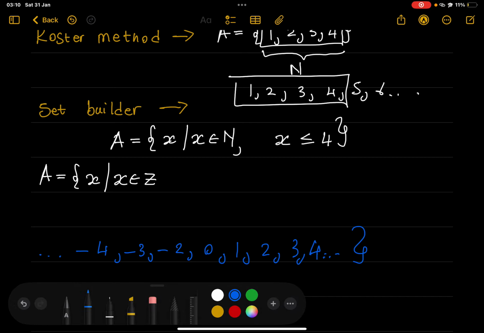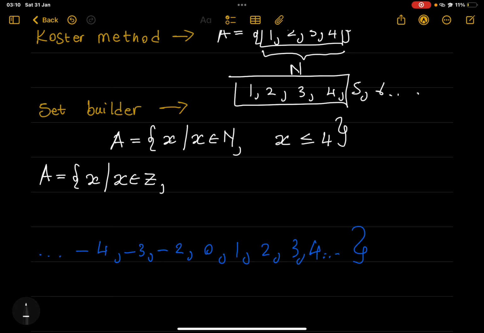But if you check here, you have to tell them where those integers start and where they end. You cannot just tell them those things are integers and then keep quiet. Meaning you are saying that the set contains all integers. Understand?